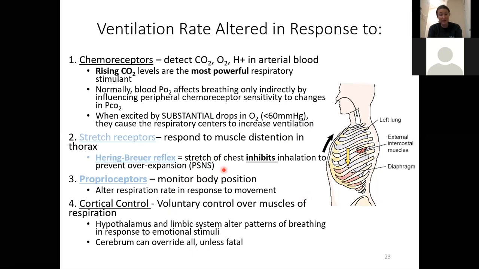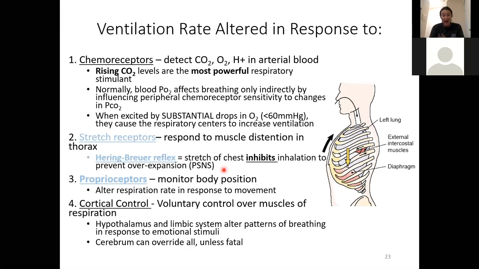And so our hypothalamus and our limbic system can often override our respiratory system, right? So anything emotional, right? Like you see something startling, you watch a scary movie and, I wasn't expecting that, right? There's no physiological reason why your breathing should be changed in response to somebody jumping out of the shadows.